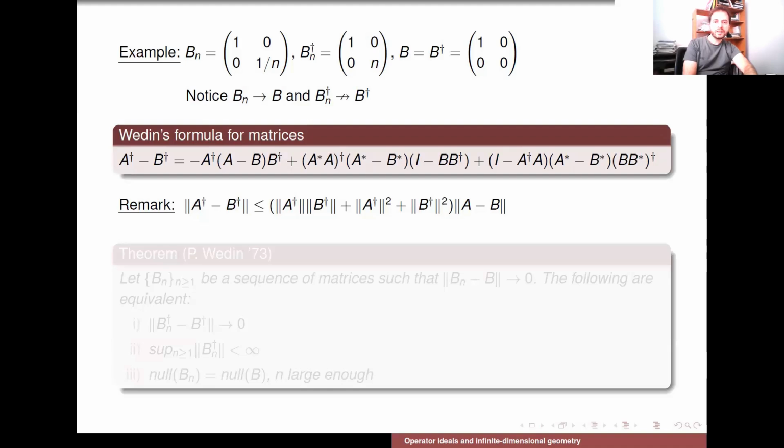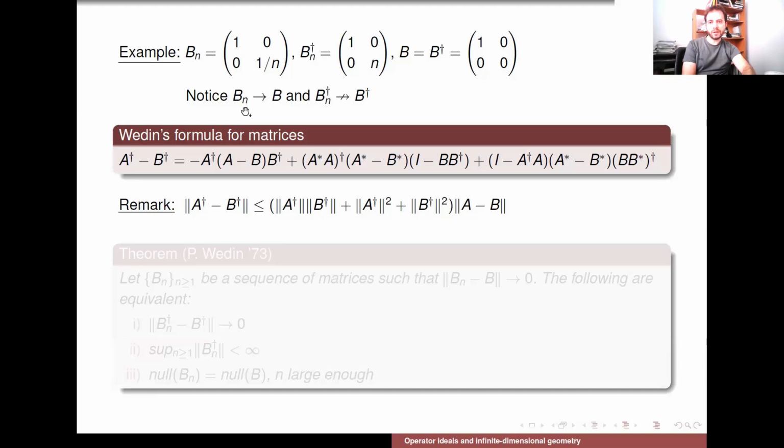We start with the finite dimensional situation. It is well known that the Moore-Penrose inverse in matrices is not continuous. Here we have a simple example. Take these 2 by 2 diagonal matrices. The Moore-Penrose inverse is as follows.